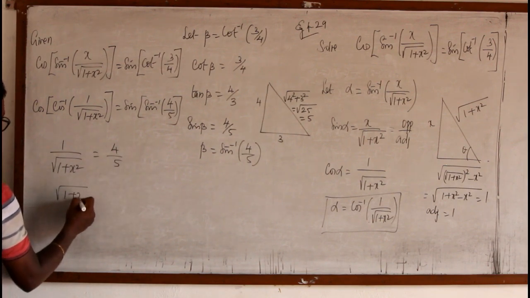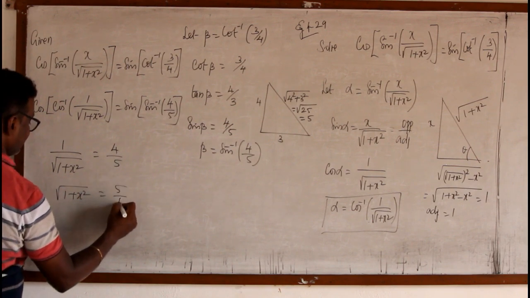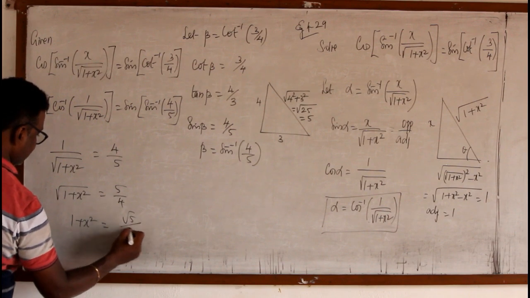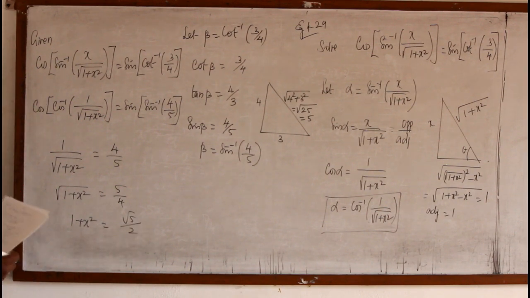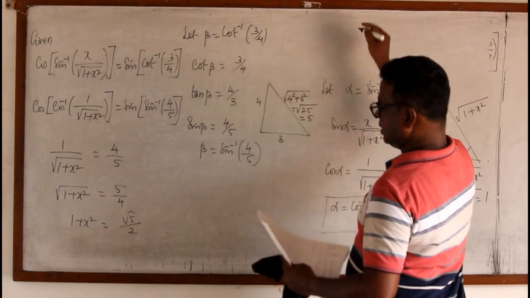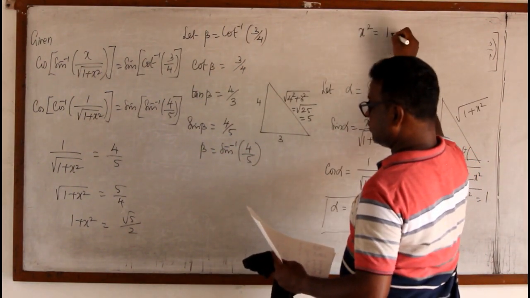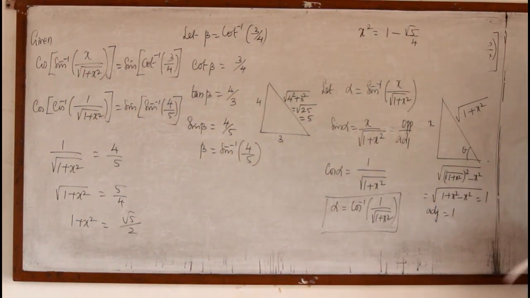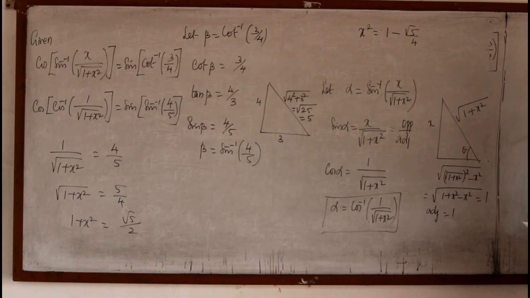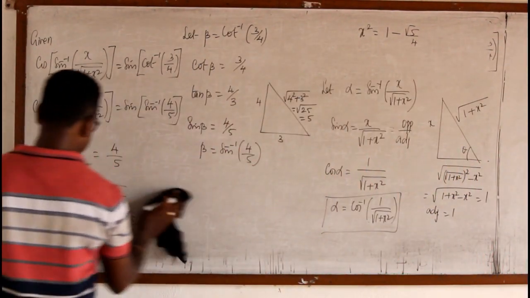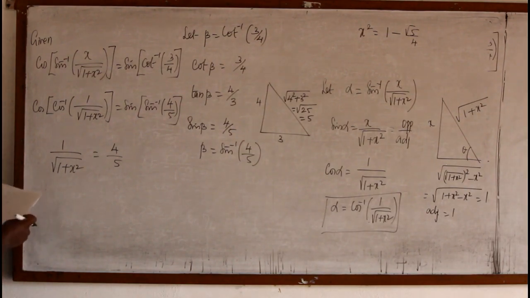Root of 1 plus x square will be 5 by 4. Sorry, here it is 4 by 5.